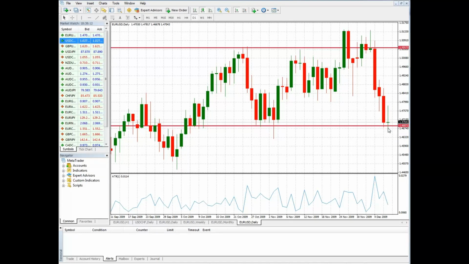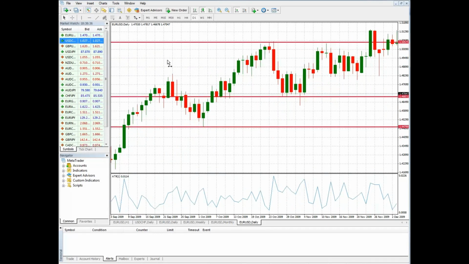So we may see that prices may attempt to penetrate this level and go further down. Then the next point to look for would be down here. So support and resistance gives us a number of things to look at.